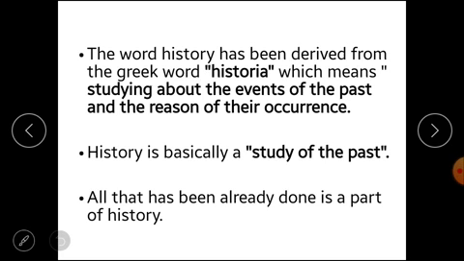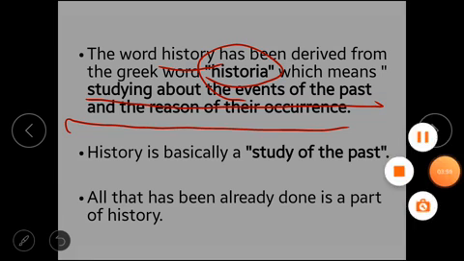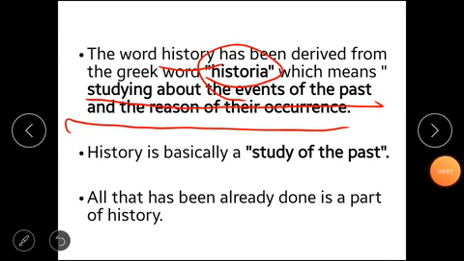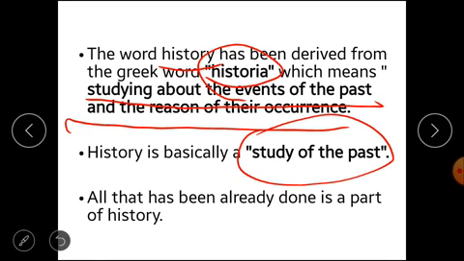If we talk about the literal meaning of history, this word has been derived from a Greek word, historia, which means studying about the events of the past and the reason as to why they occurred. So we can say that history is basically a study of the past.